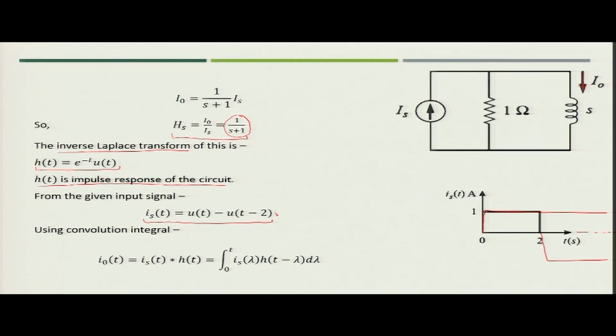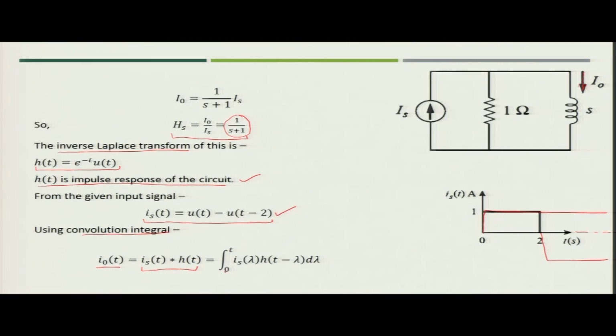Now, you have Is, and you have got the impulse response of the circuit. What we have to do is find the value of I naught at any time t with the help of the convolution integral. So, we will take the convolution of Is and H functions.